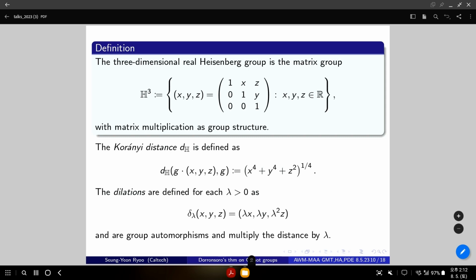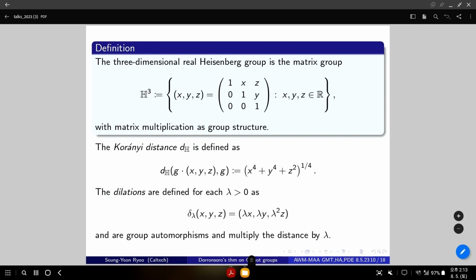So in notation, it's 3×3 matrices that are upper triangular with ones on the diagonal. Because it's a group, we have to specify a group structure, and the group structure is given by matrix multiplication.